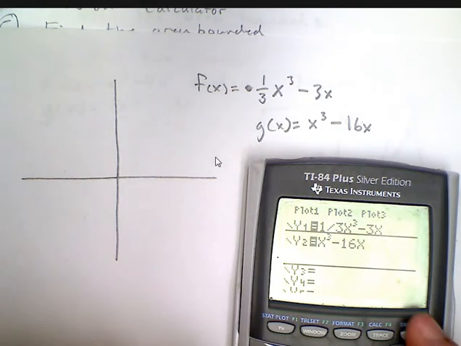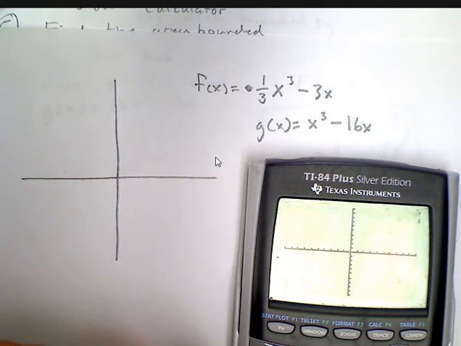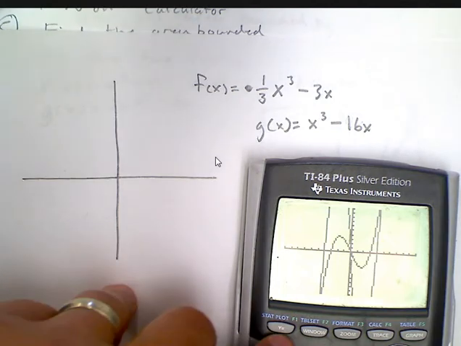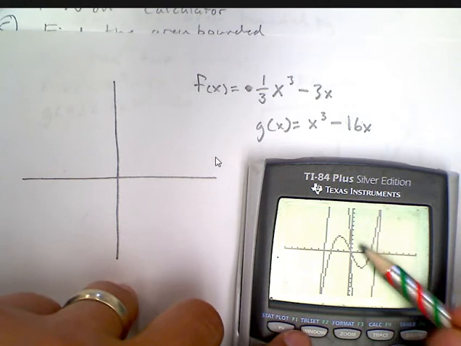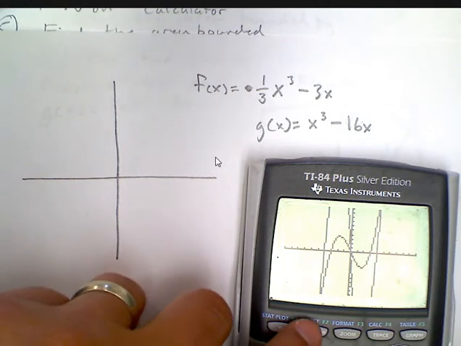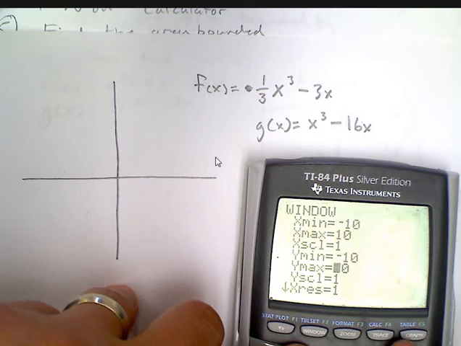Alright, so let's graph that and see how that looks. That one looks okay. And wowzers! It's kind of hard to see this. So I'm assuming the graph is going way higher than I thought it would. So I'm going to go window, and I'm going to make the y max 20, y min negative 20.